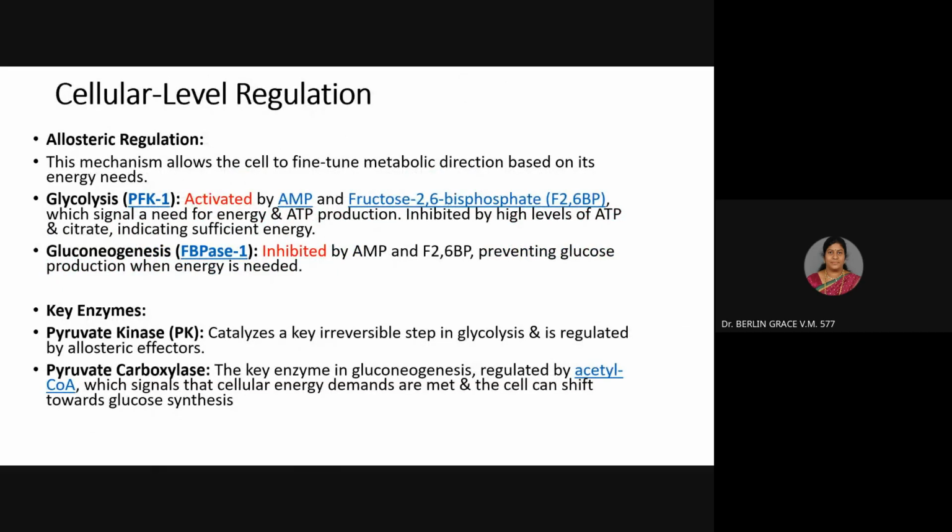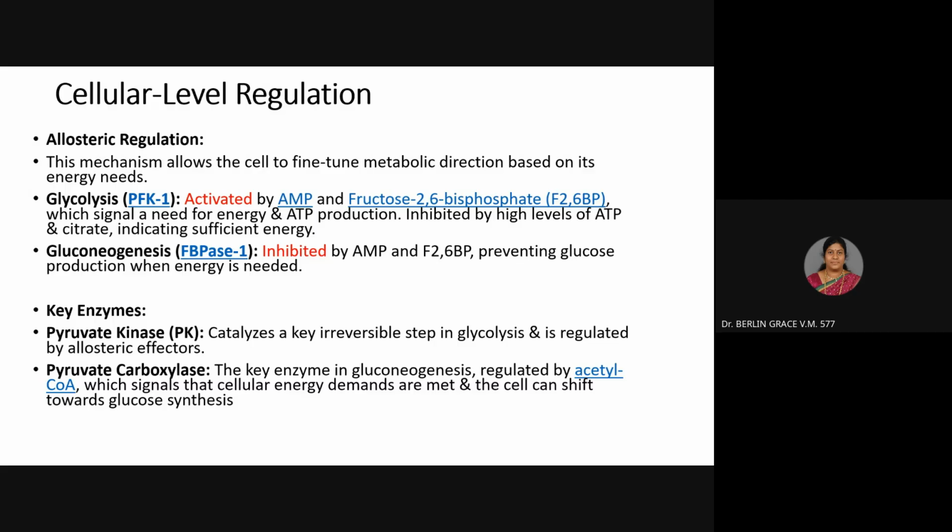So it is done at the cellular level. Allosteric regulation is done in glycolysis. Phosphofructokinase 1, PFK1, is activated by AMP and fructose 2,6-bisphosphate, which signal a need for energy and ATP production.